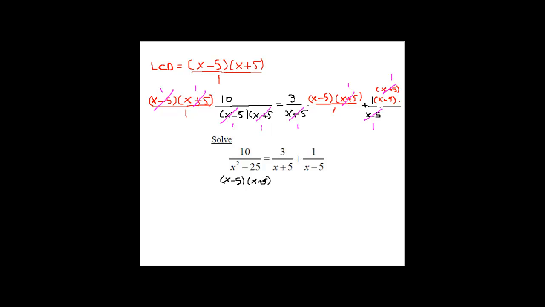Sunit, can you tell me what we get for the first term on the left side of the equation now? 10. Yeah, we just get 10. Very good. Equal to, continue, what do you get for the right-hand side? 3 times x minus 5 plus x plus 5.